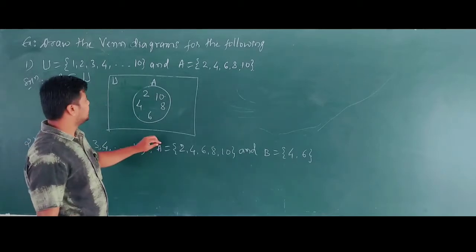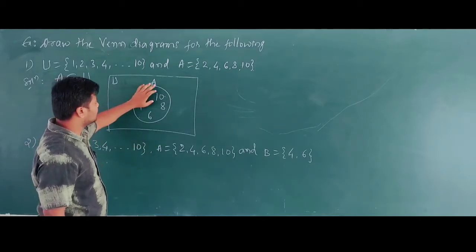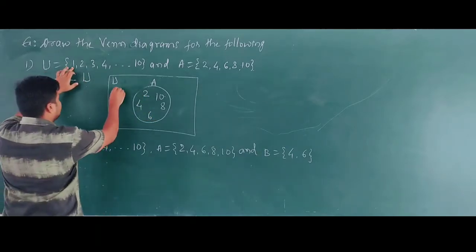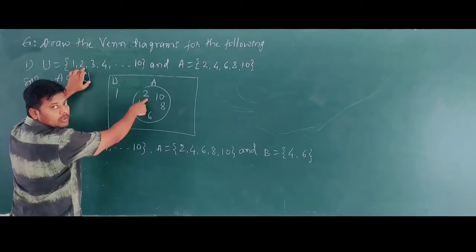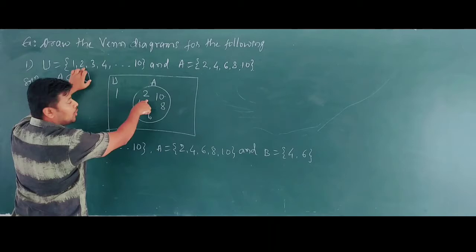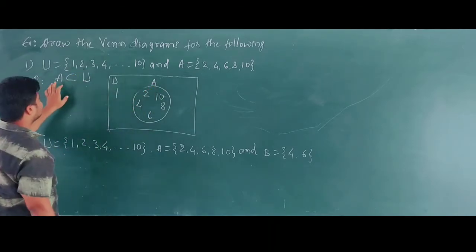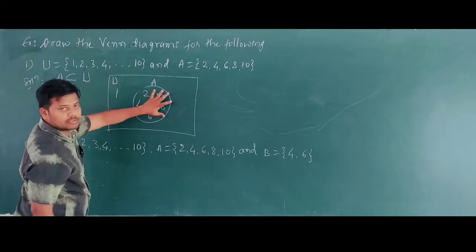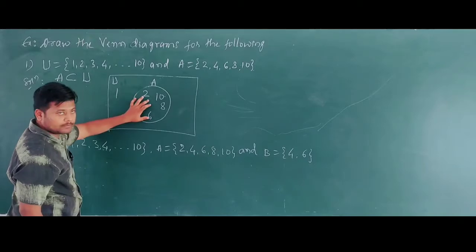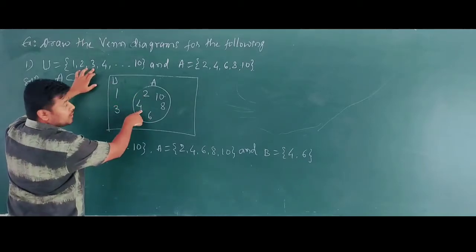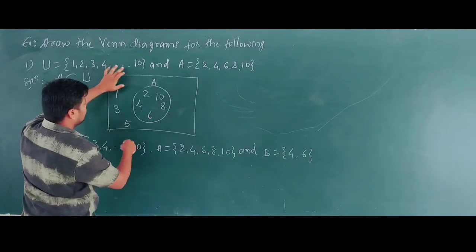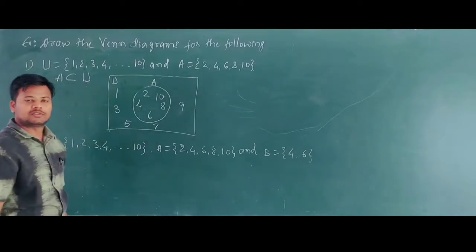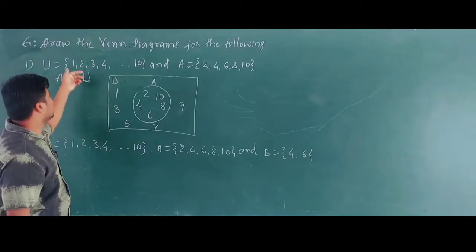These are the elements of set A, drawn inside the circle. In set U, what else is there? Elements 1 and others; we already wrote 2. These elements belong to A as well as U, because A is a subset of the universal set. So 1 is there, 2 already written, next 3, 4 already, 5, 6 already, 7, 8, 9, 10. So this is the representation of this example.